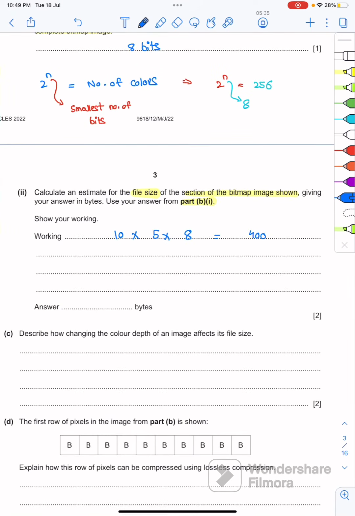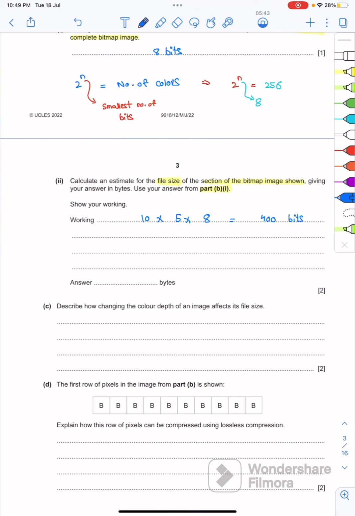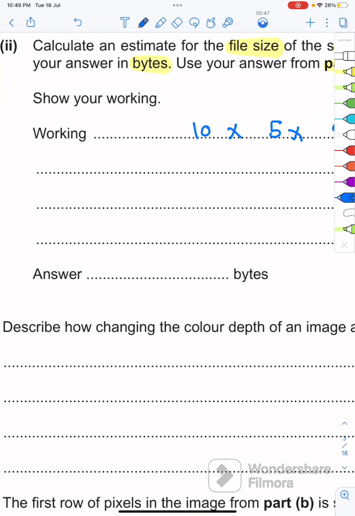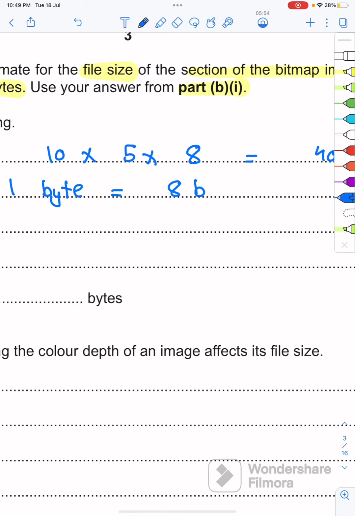So this, however, remember, is 400 bits. They've asked the answer in bytes. That's the key part. So we know the general rule: 1 byte is equal to 8 bits.